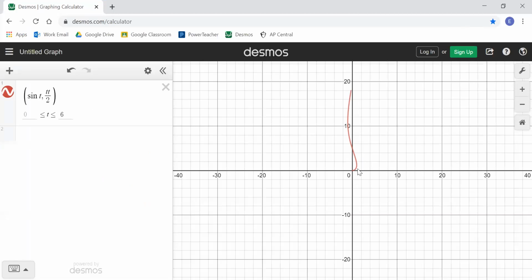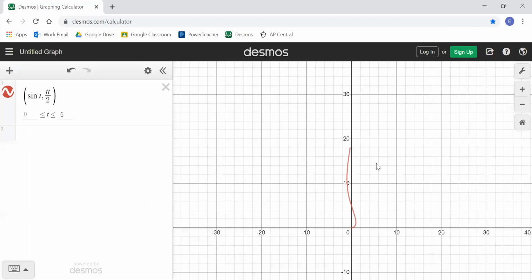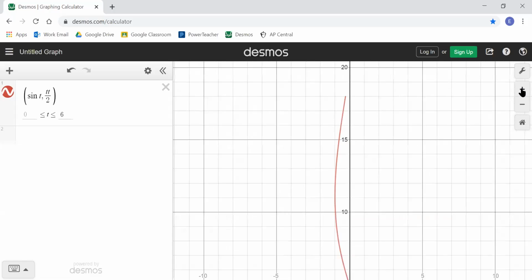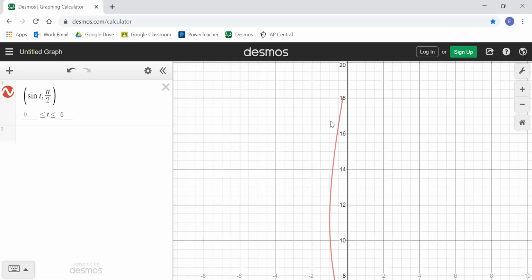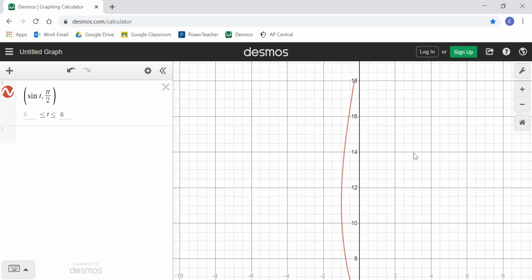So we can see that this is the path that the particle takes. This is its position at any given time. And it certainly looks like it's at this value, whatever it was, sine of 6 and 18 at t equals 6. And yeah, it sure looks like the direction that it's moving in is about 80 degrees counterclockwise from the positive x-axis.